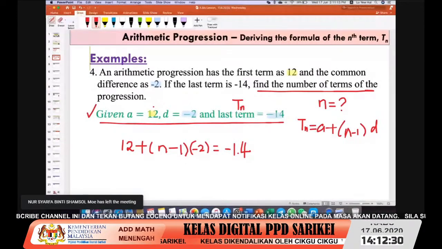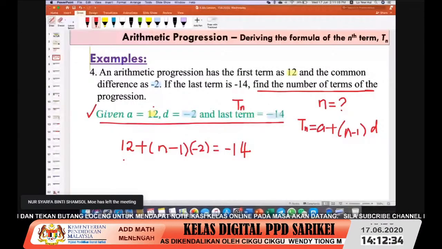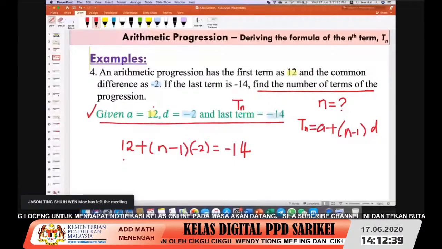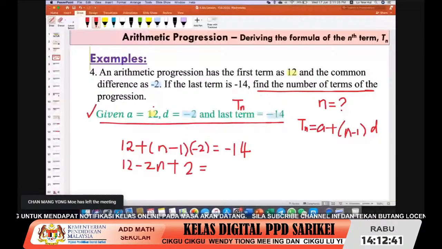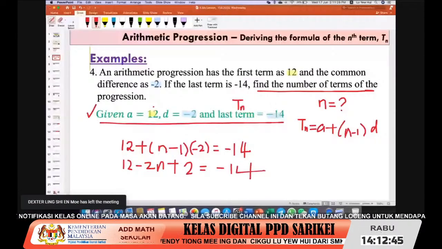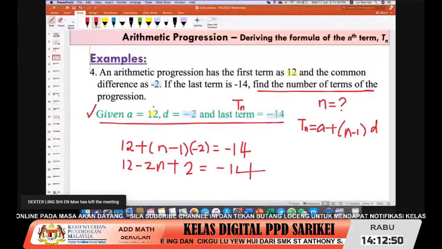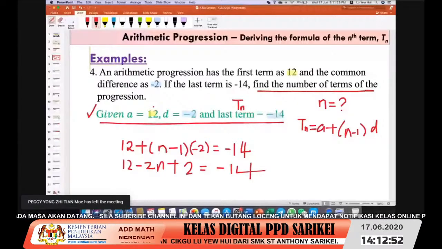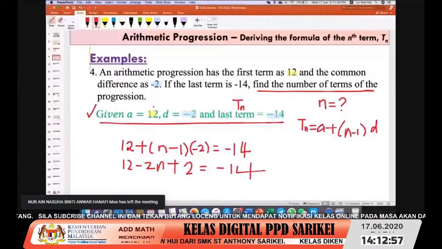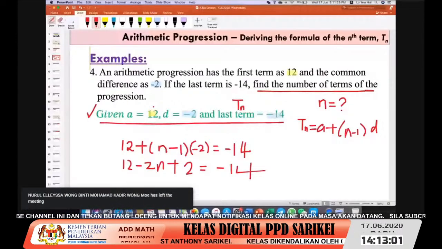And after that, we expand it, we will get 12 minus 2n plus 2 equal to negative 14, right? Okay. The left side is 12 plus 2 is 14, minus 2n is equal to negative 14.